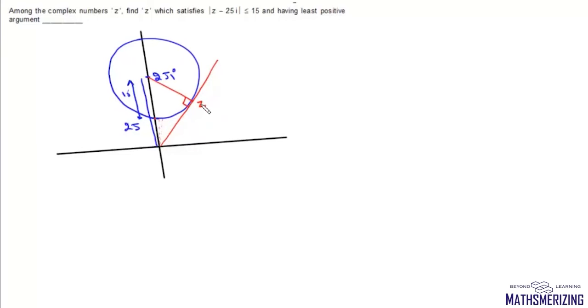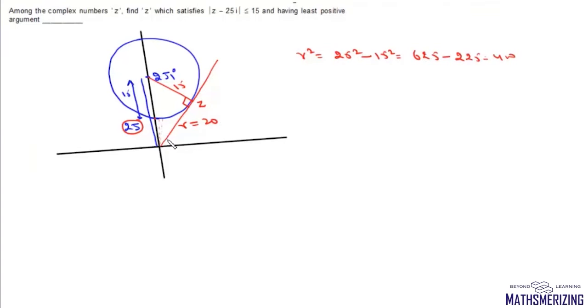Now this is 90, this is 25, and this is 15. We'll find the value of r. Now r square will be 25 square minus 15 square, that is 625 minus 225, that is 400. So r must be equal to 20.